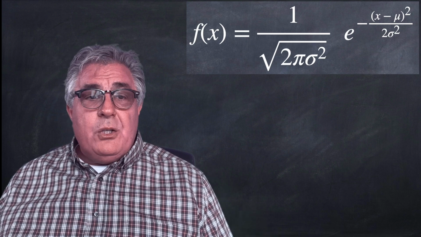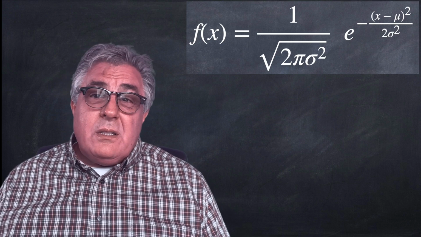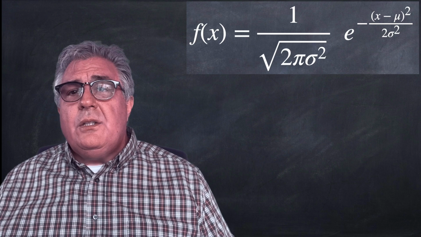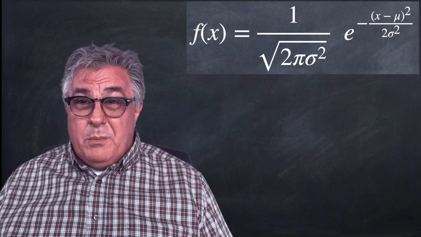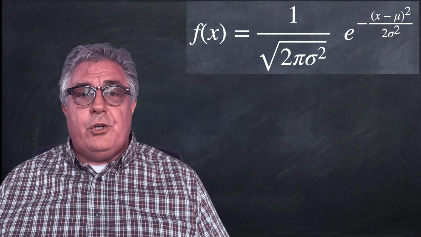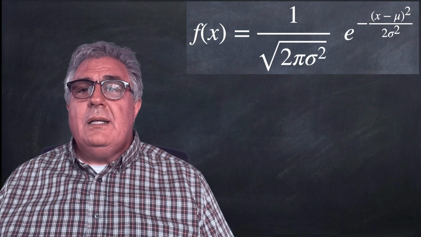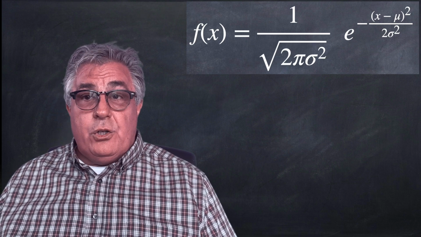X is the value of the random variable. So one of the things we would like to investigate here in just a moment is what effect the mean and the standard deviation, mu and sigma, have on this curve.